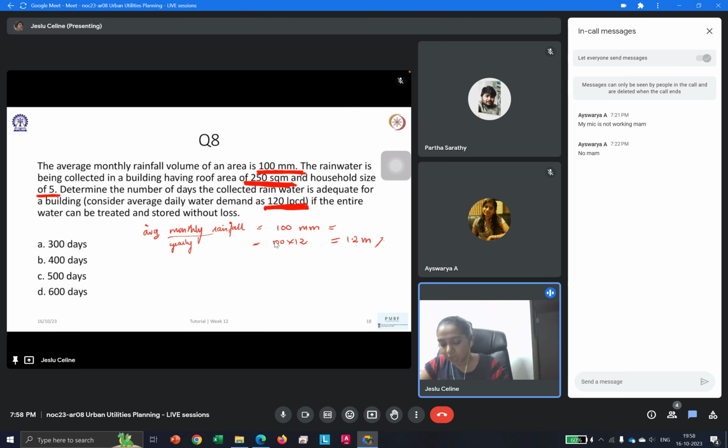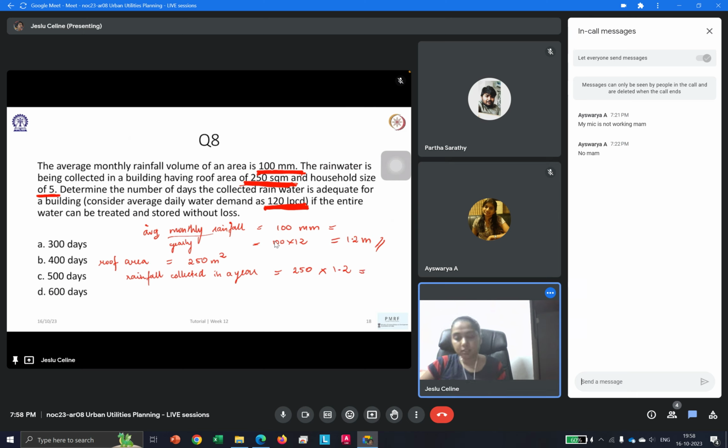Now, how much area do we have? The roof area is equal to 250 square meters. So the rainfall that will be collected in a year would be 250 into 1.2.